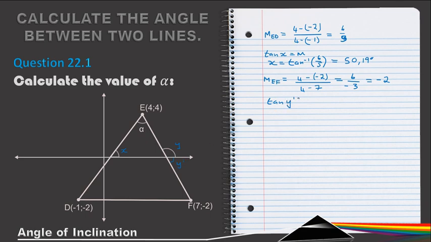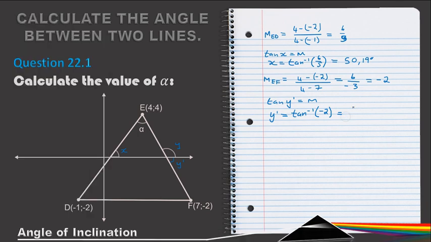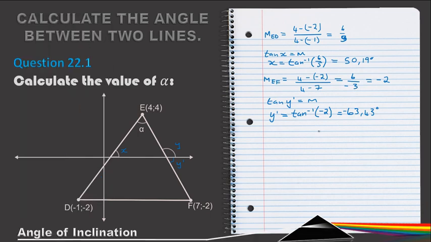So tan of y1 will be equal to the gradient. So y1 is equal to the inverse of tan of negative 2. And that will give us, so shift tan negative 2, that's equal to negative 63.43 degrees.